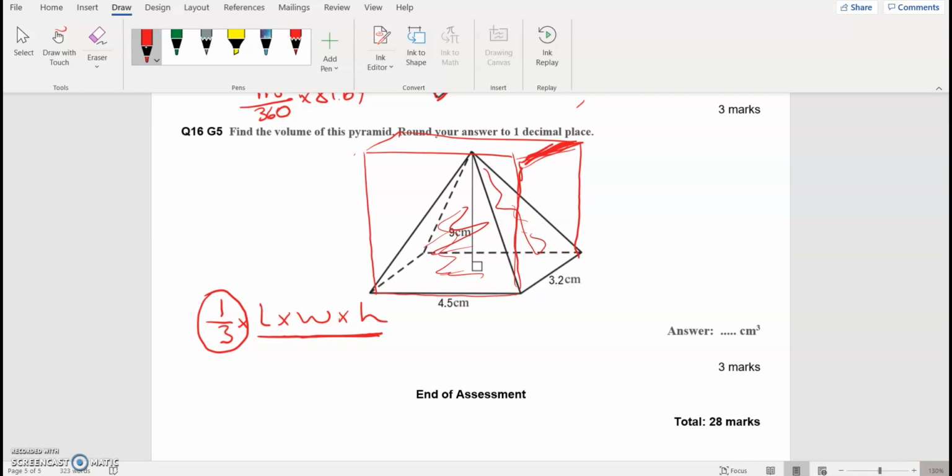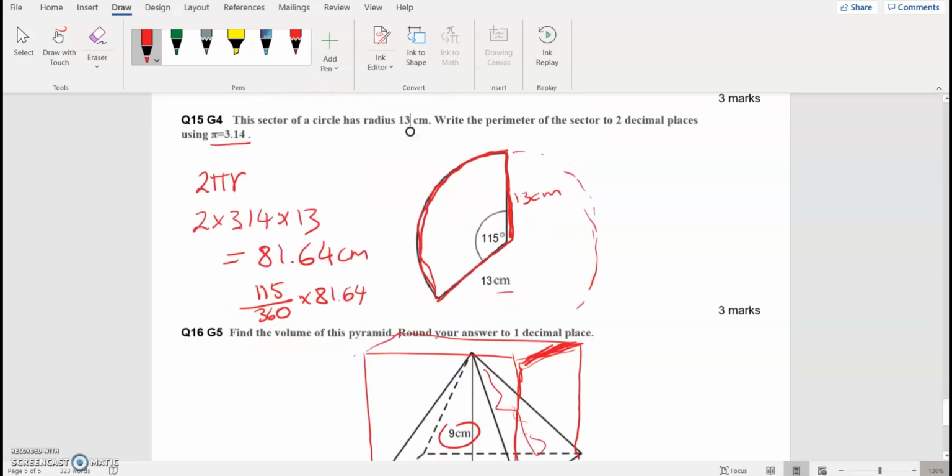So we have 4.5, we have 3.2 and we have 9. If we can't see this very clearly, I can erase bits of it. So we'll go 4.5 times 3.2 times 9, and then all of this will be divided by 3.